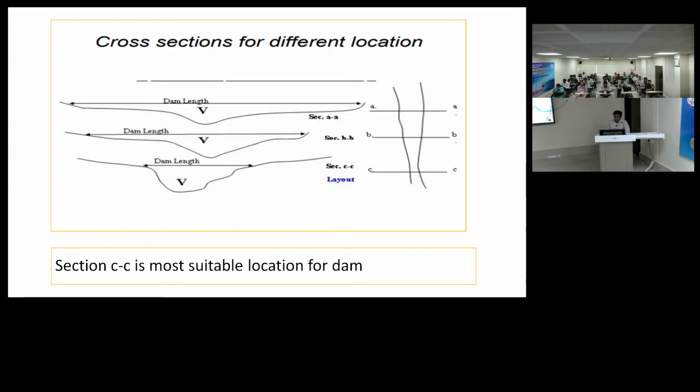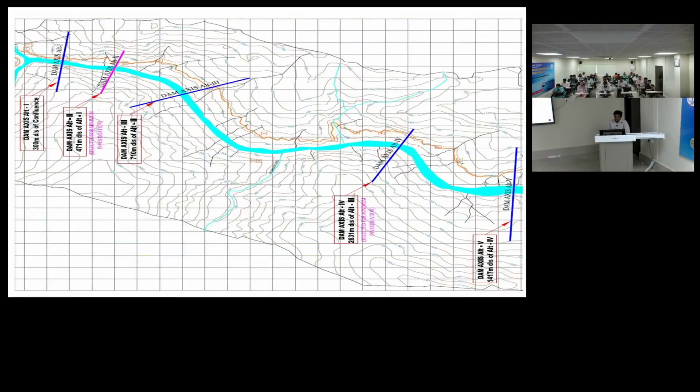I will skip this step because I already explained: to finalize the dam axis, you always explore different dam axes. Suppose in this case they have identified 5 different axes. For each axis you have to estimate the pros and cons, advantages and disadvantages, and based on that finalize one particular axis.